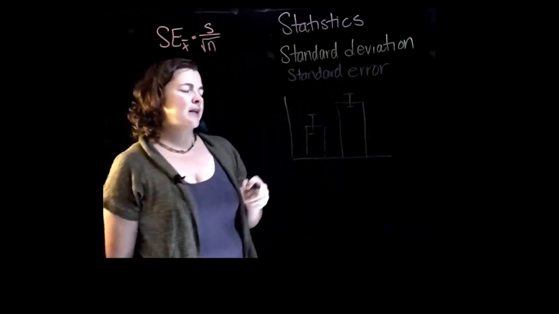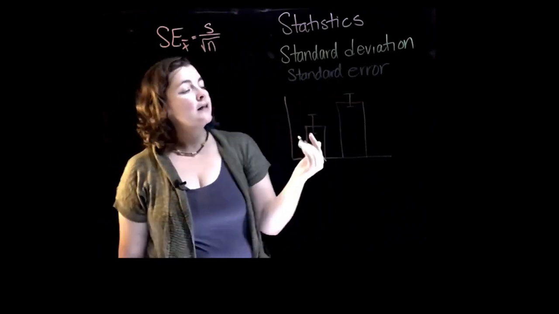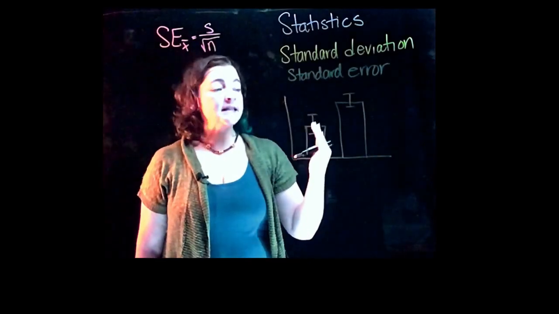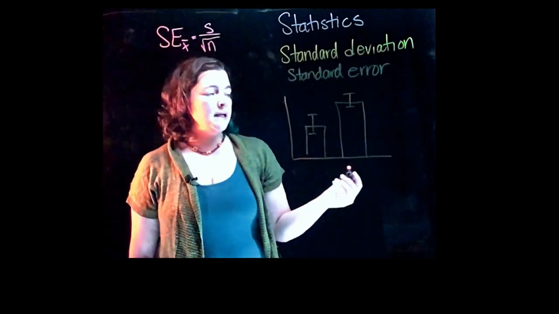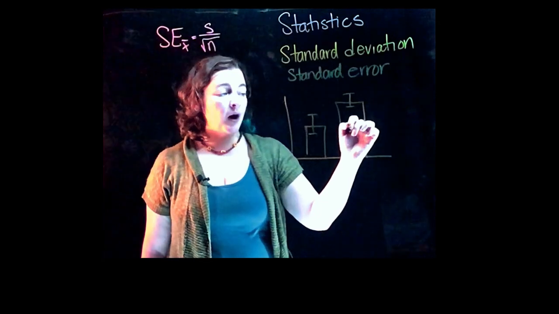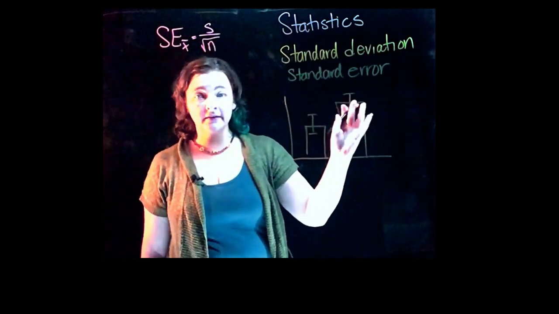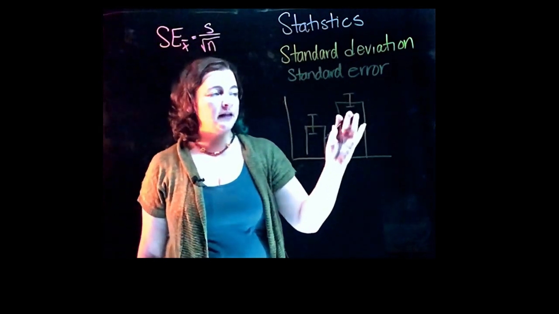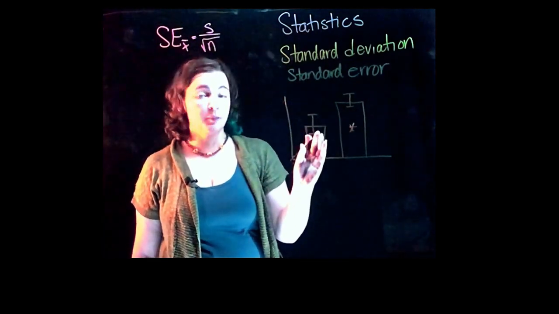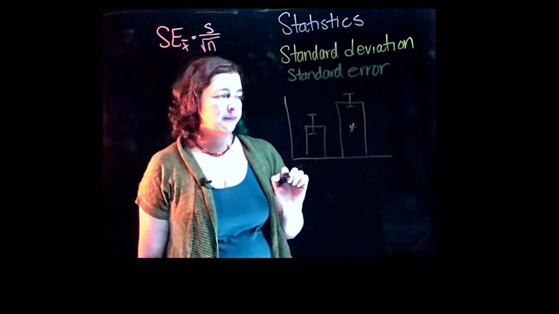So if these are the representative standard error bars, we can say that this data is statistically significant, meaning that whatever this bar is here, that bar is in fact statistically higher than this bar here, whatever it was measuring.